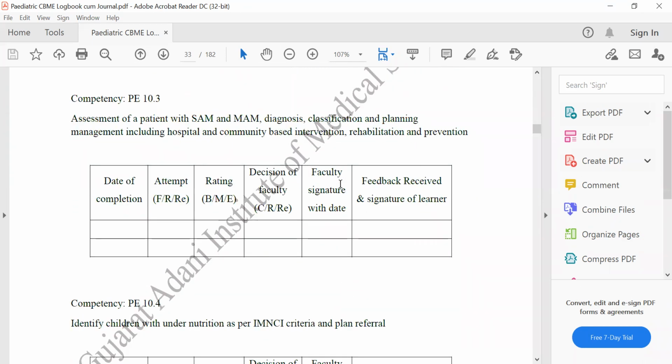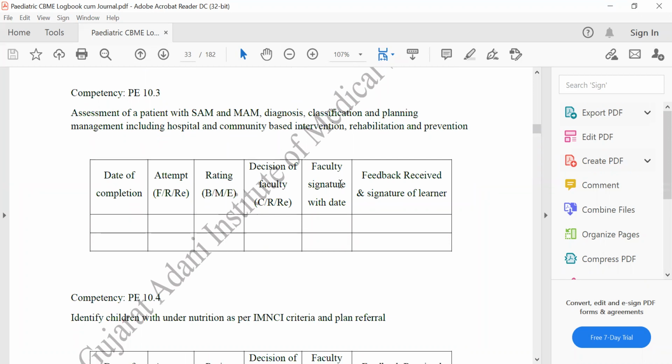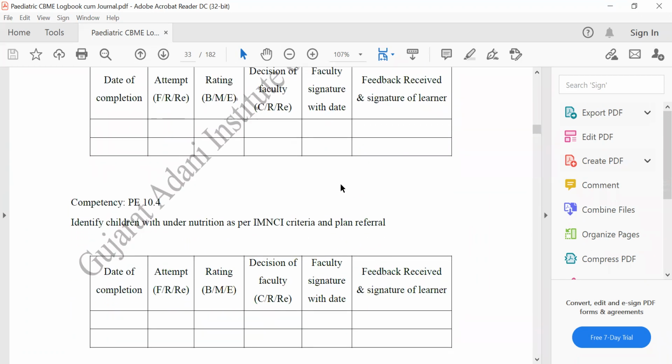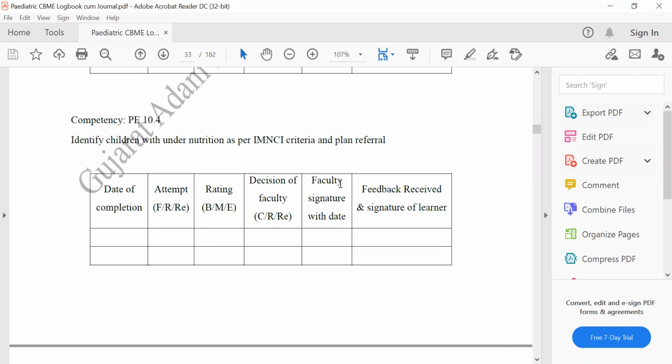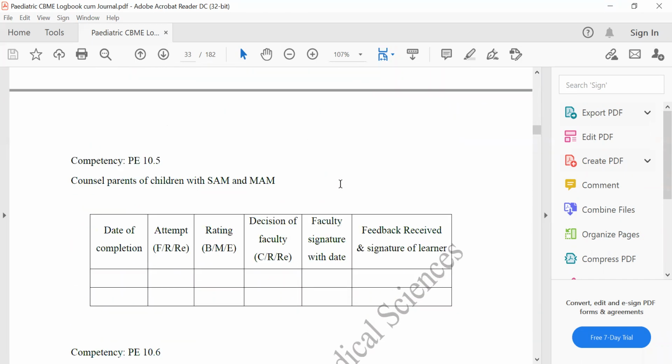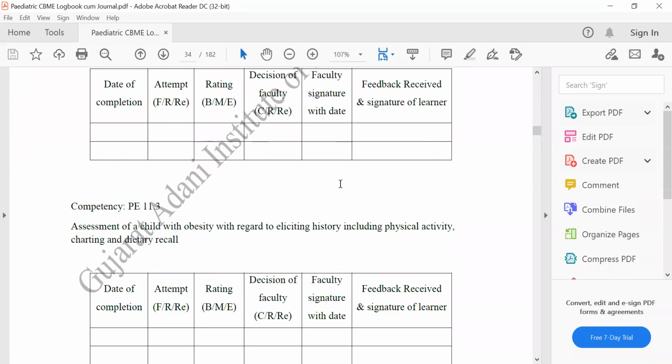More complicated competencies I have included in phase 3 part 2. In part 1, I have included all the competencies about feeding and nutrition.